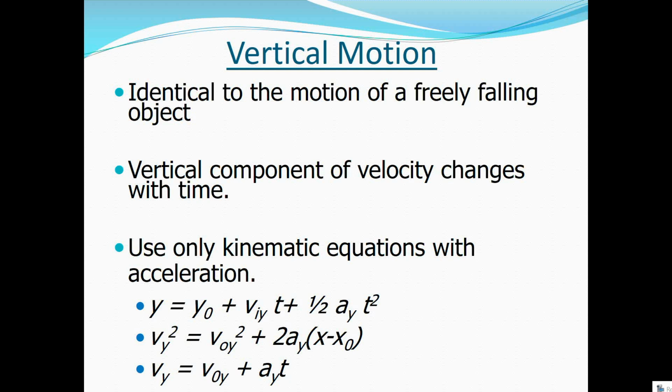Time is always determined, and by time I mean the time that an object is in the air is always determined vertically. That'll never be something that is determined horizontally. And when we look at our kinematic equations, these are the ones that we use with the free fall because they have acceleration due to gravity. The three kinematic equations listed below are the ones we use to solve for the motion vertically.